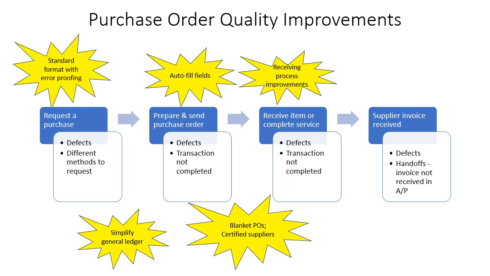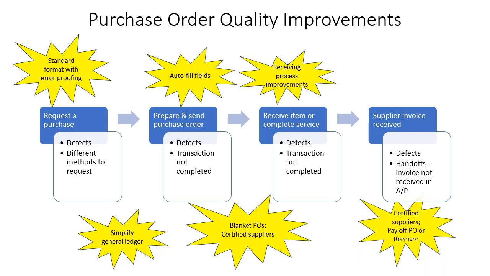So obviously there's handoffs of the paperwork, there's waiting time in terms of when the item is received versus when the receiving transaction occurs, and there can be mistakes made in this whole process.